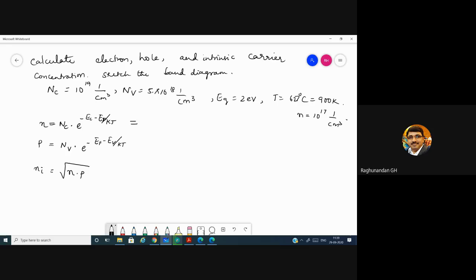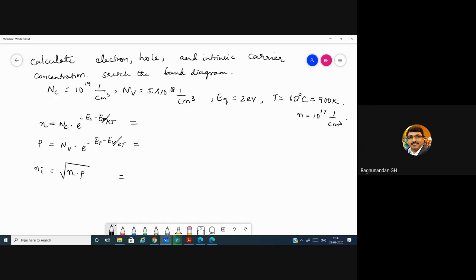So now you need to substitute the values. But here substituting the values is not so easy, because we don't know what is EC, what is EF, and what is EV.